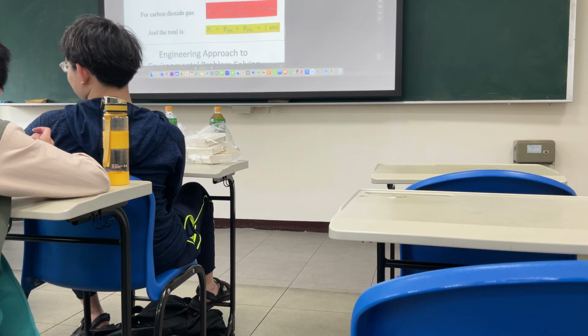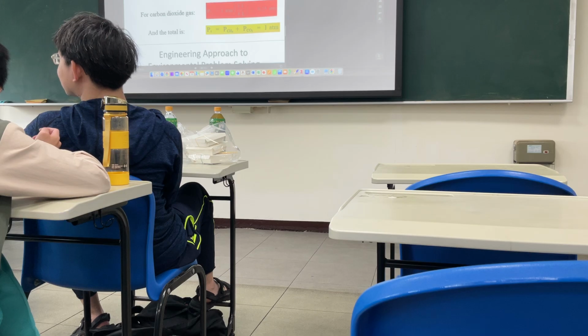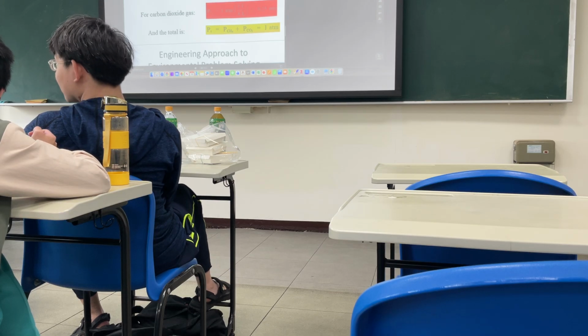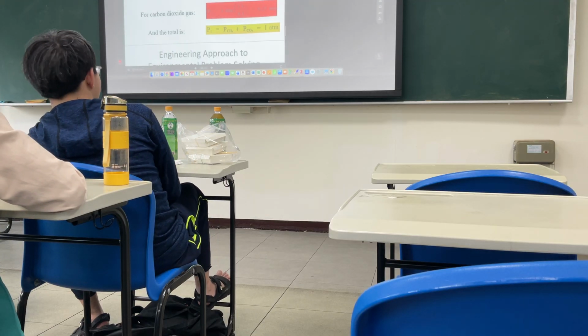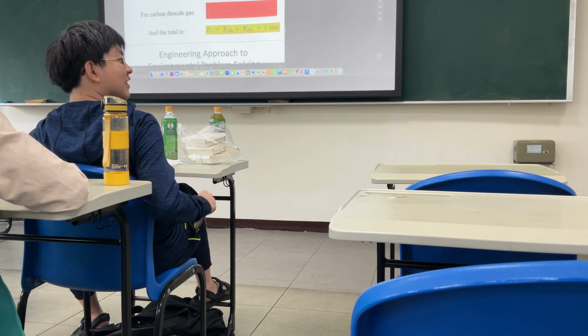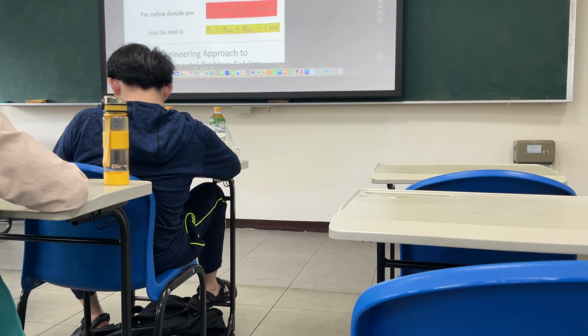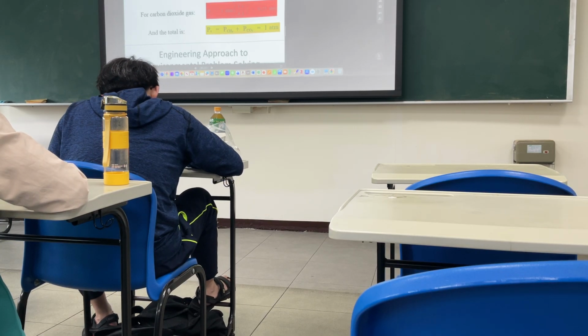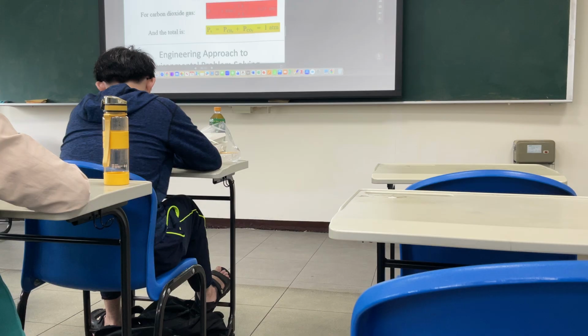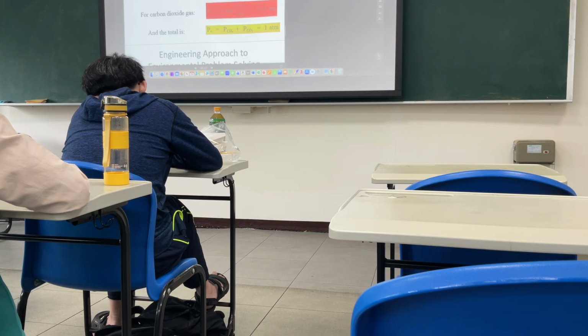I think this is Boyle's law, right? Yeah. So we can use P1 V1 equals P2 V2. This is the so-called Boyle's law. And Charles law is V1 over T1 equals V2 over T2.